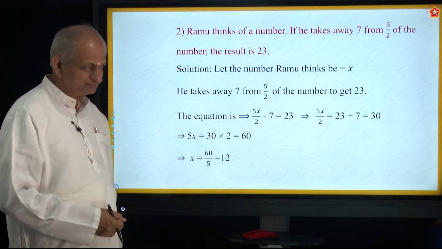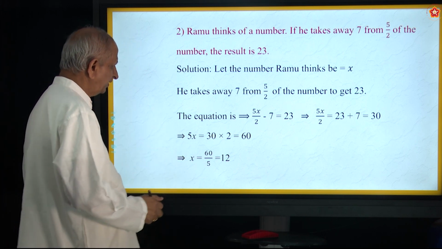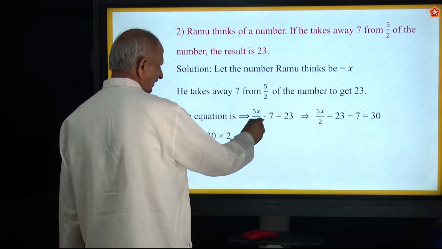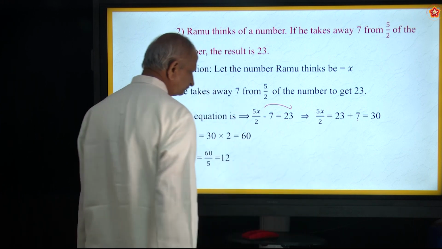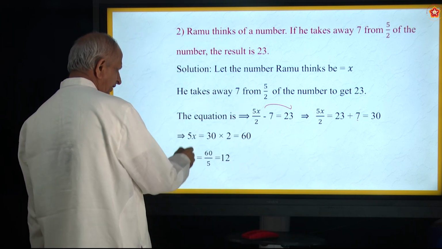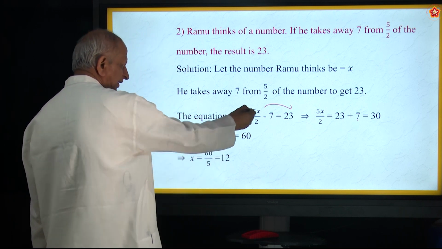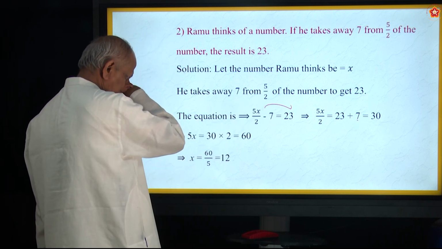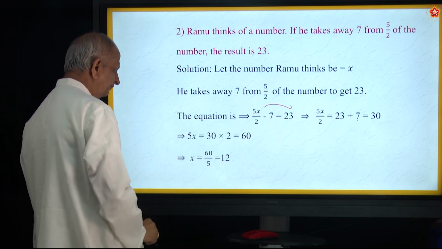Note it down. Then you must know how to solve it also. See here. This minus 7 is brought this side, becomes plus 7. Then 2 is brought to right side, 30 into 2. Divided here, it becomes into 2. So 5x is equal to 30 into 2, that is 60.